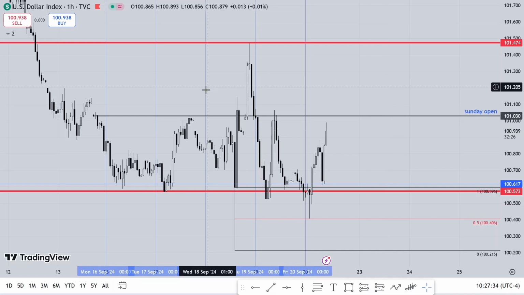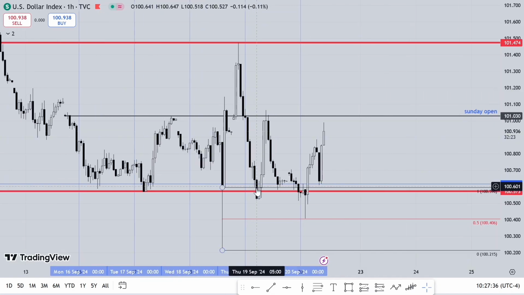So continuing with this, when price came down here and rallied higher here, they will not take their partials here at Sunday's opening price, because we are bearish for the dollar and price has left Sunday's opening price here at Wednesday's trading going into Thursday's trading.